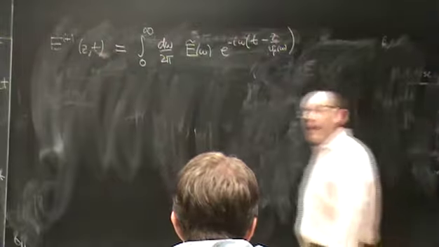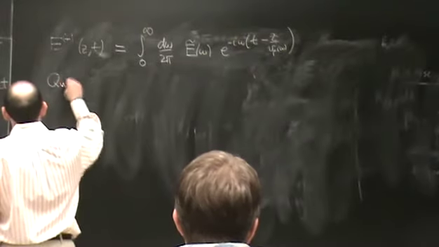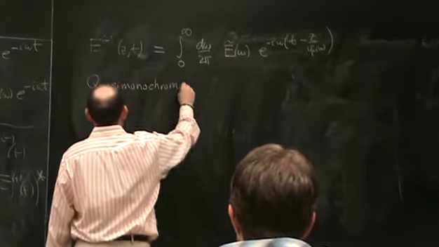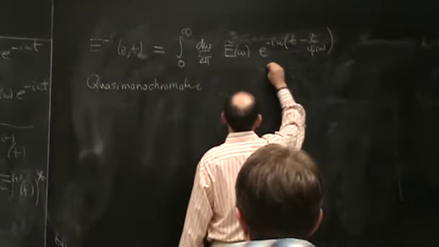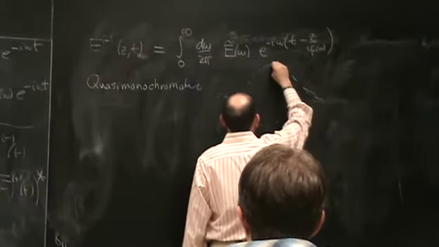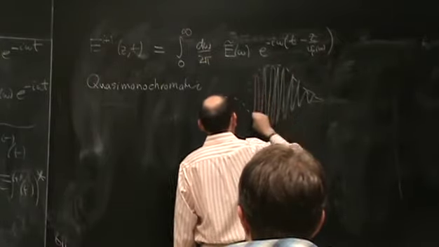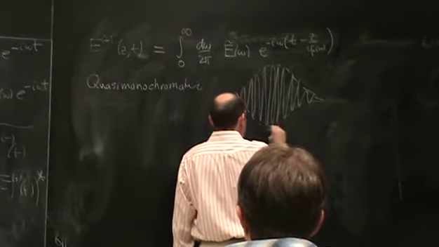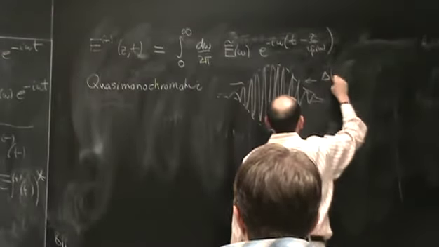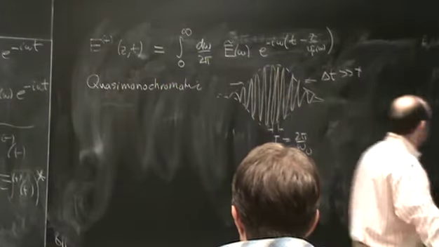Let's look at it for a specific case, the case where I'm going to think about a quasi-monochromatic, not monochromatic, but quasi-monochromatic pulse. And as we discussed, what we're talking about is a pulse of a certain duration with whatever shape it has, and it's got lots and lots and lots of oscillations, where the period of oscillation T is tiny compared to the duration of the pulse.